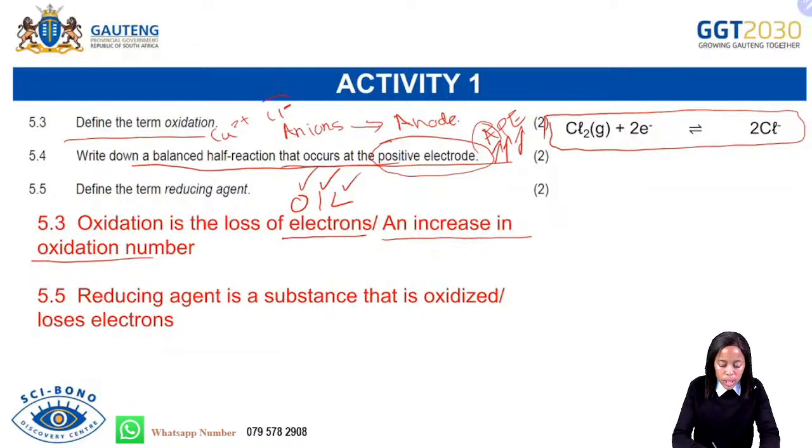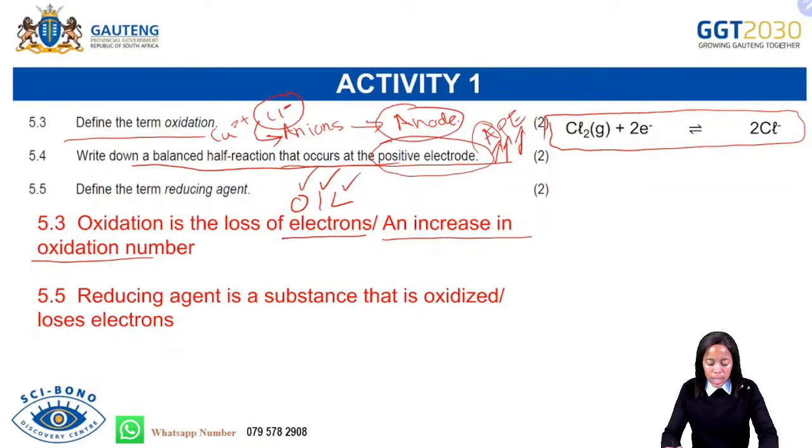So it therefore means that the Cl minus was our anions, and it will therefore migrate to the anode electrode. So if the Cl minus are migrating to the anode electrode, we are therefore going to use the chlorine to be able to write the half reaction that is occurring there.